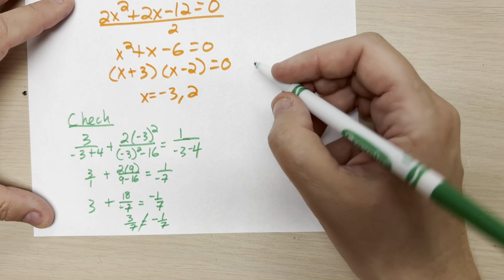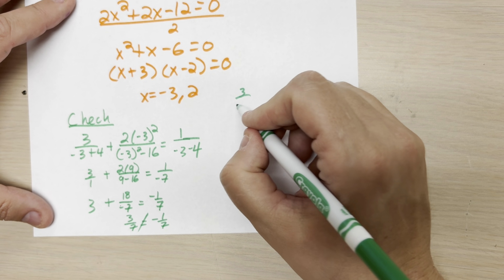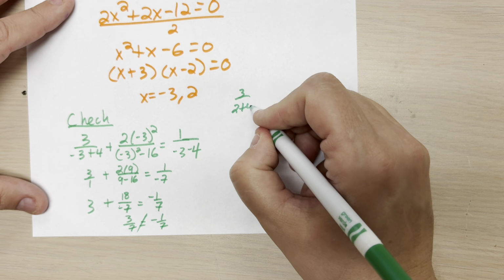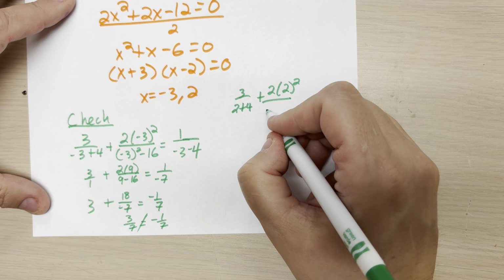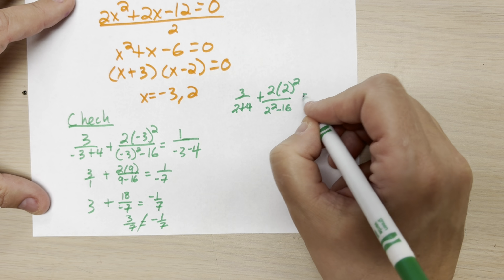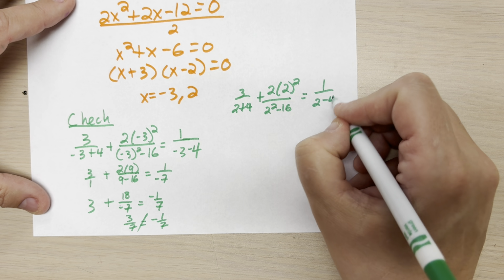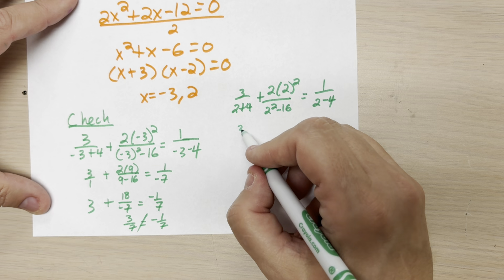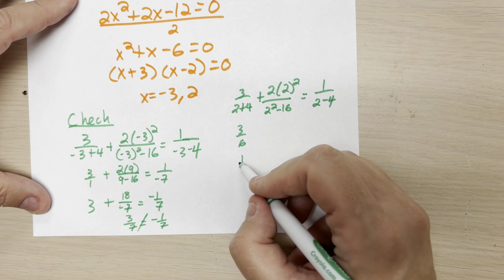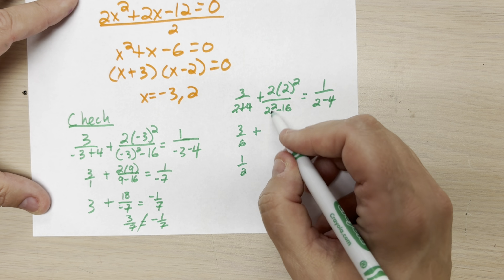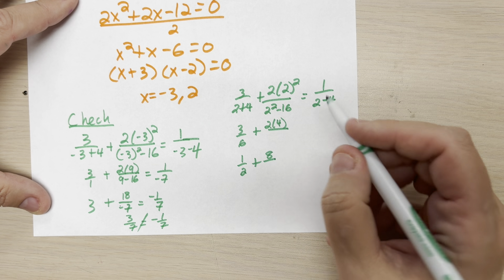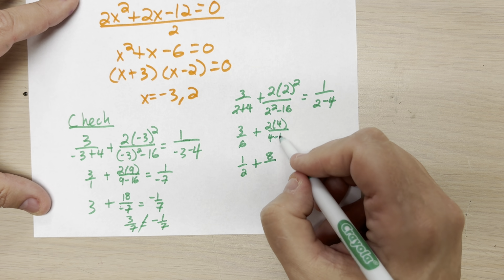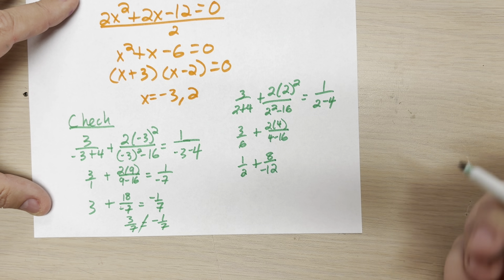Let's see if 2 works. So 3 over 2 plus 4 plus 2 times 2 squared over 2 squared minus 16 is 1 over 2 minus 4. So I've got 3 over 6, 1/2, okay. 2 times 4 is an 8 on top. 4 minus 16 is negative 12.